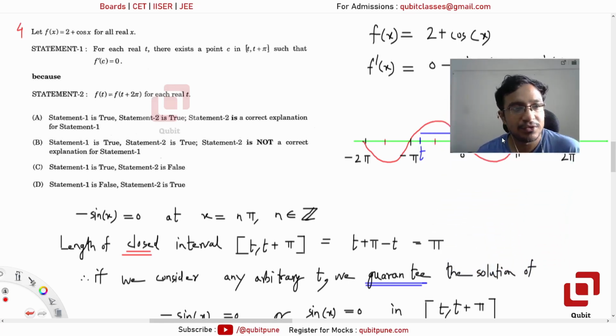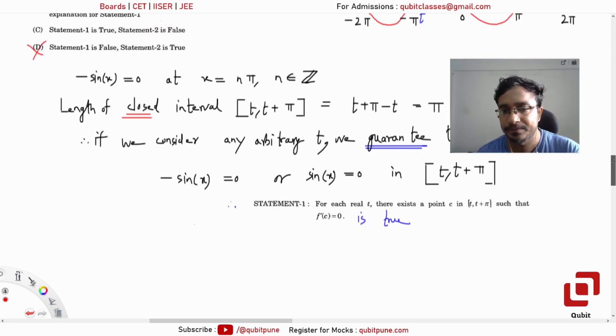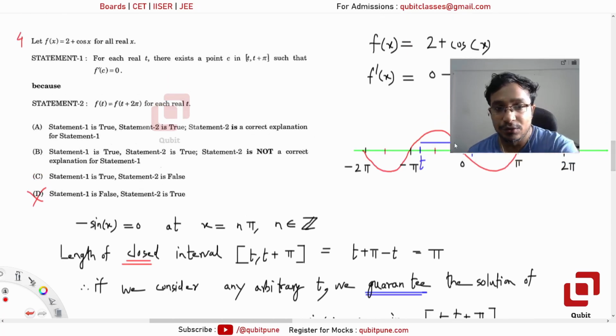So statement 1 is true, so option D is gone. Let's go to statement 2 now.